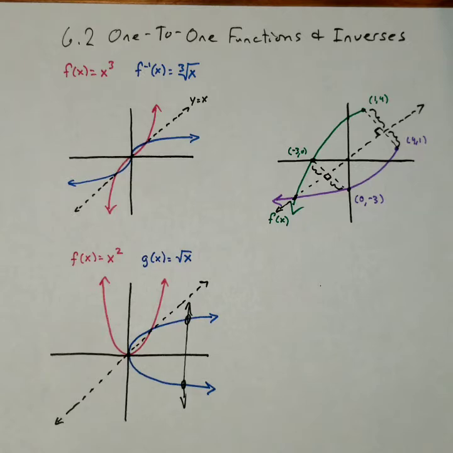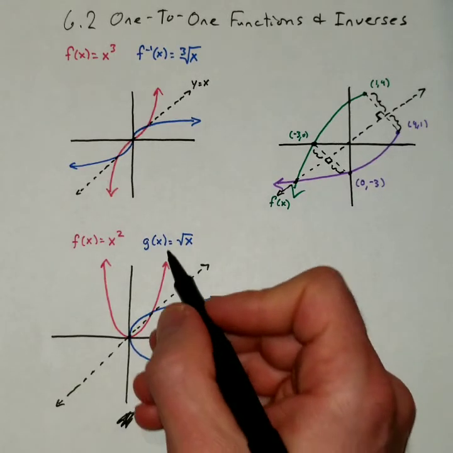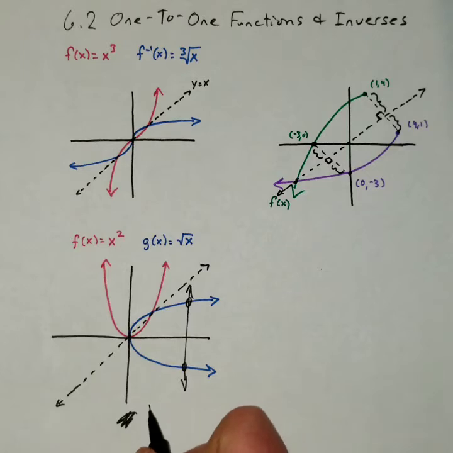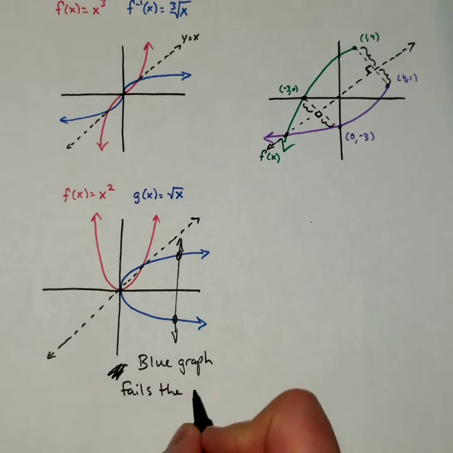Right? The function on the right is not actually a function at all. I should just say that the blue graph fails the vertical line test.